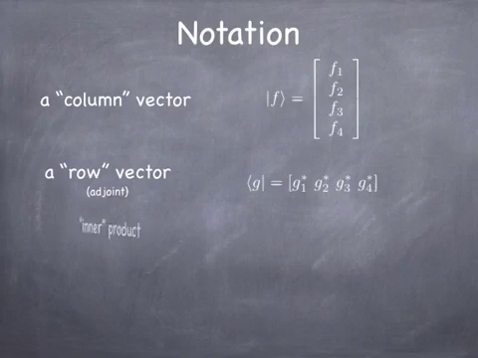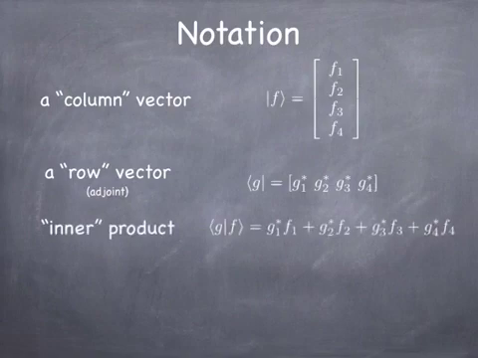Okay, and then there's the idea of an inner product. Of course, an inner product is what you get when you dot a bra with a ket. And to calculate, sorry for my cough, I've got this terrible cold. I hope it doesn't cause you guys too much grief. I may have to re-record this after I recover, but anyway, the inner product is the bra times the ket, and the way you compute that is to multiply g star f for each component and then add them all together.